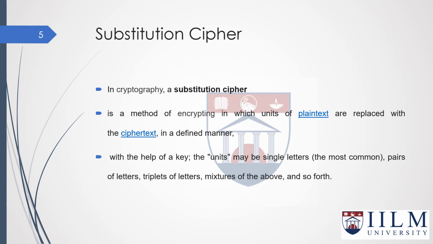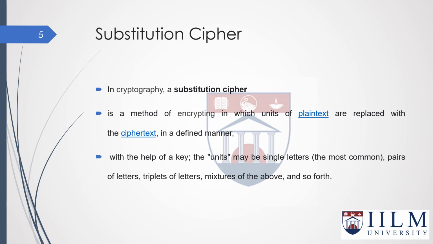The units may be single letters, the most common, pairs of letters, triples of letters, mixture of above, and so forth. So in our previous slide, we just replace a single letter, so it is monoalphabetic.